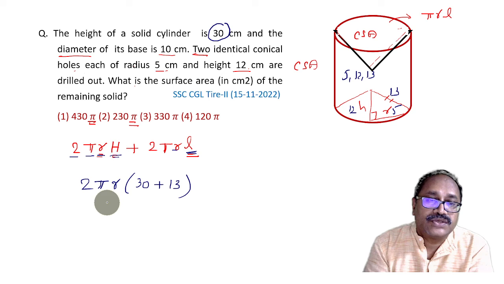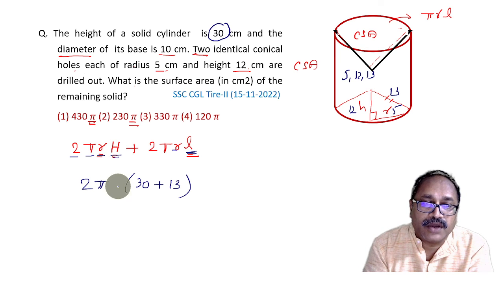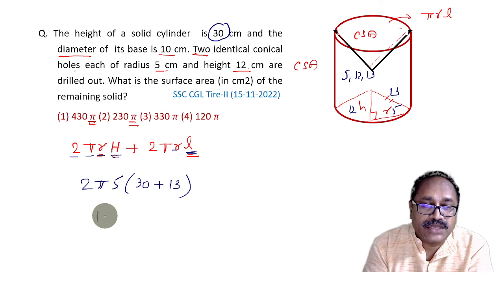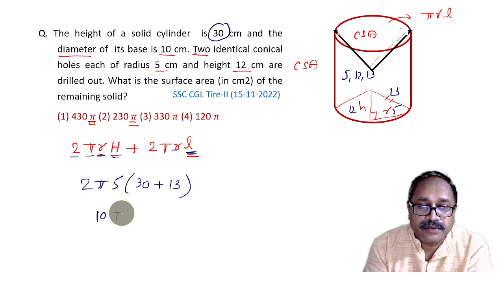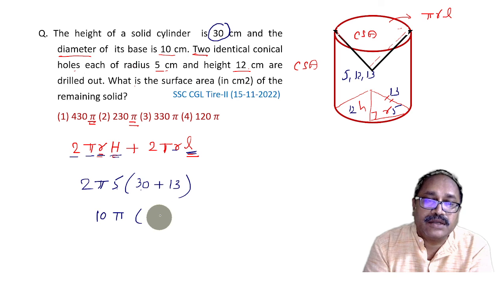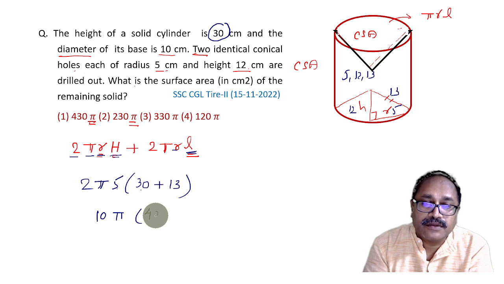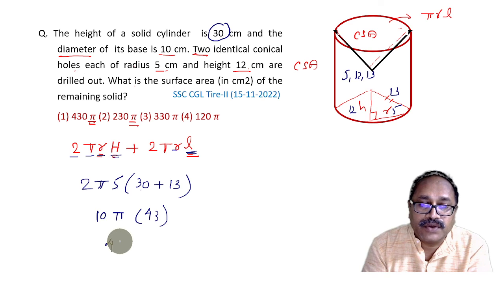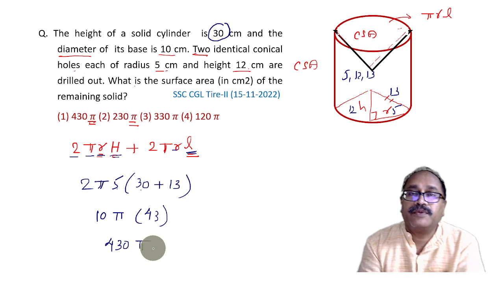That's all. R is 5, so why not replace it by 5? Now 5 into 2 is 10. So 10 pi into 30 plus 13, that is 43. So 43 into 10 is 430 pi. This should be my answer.